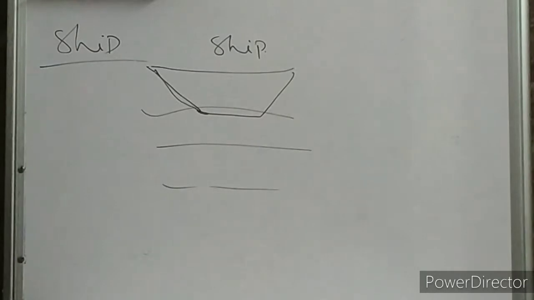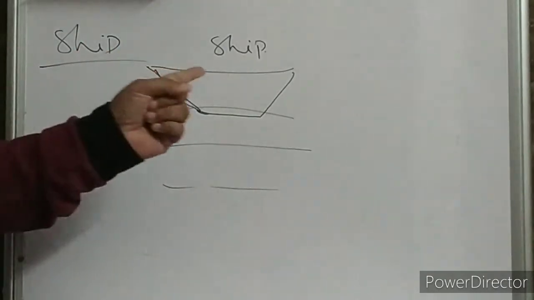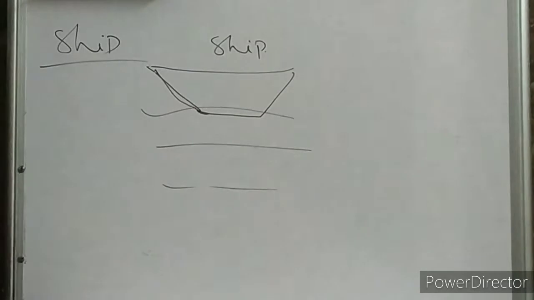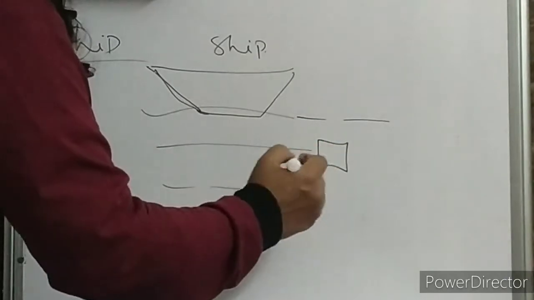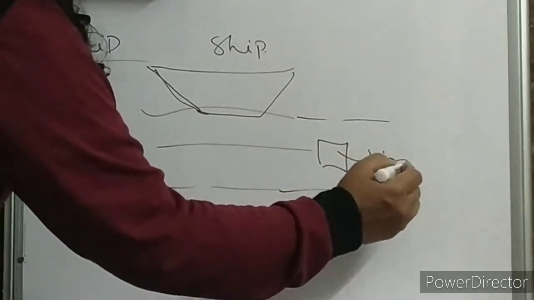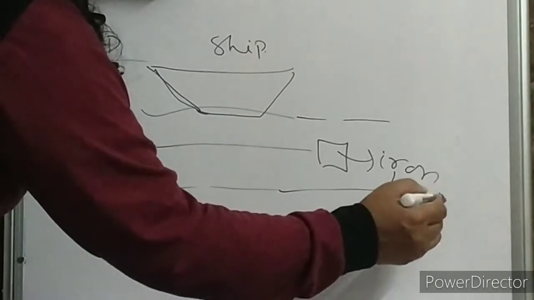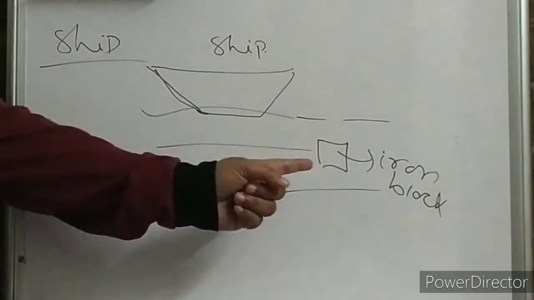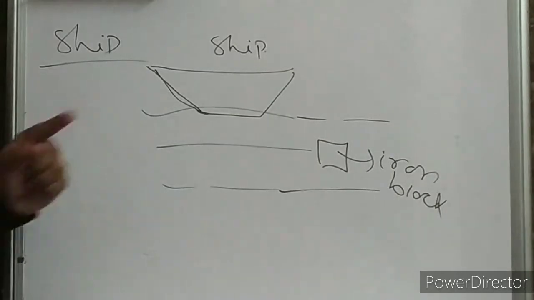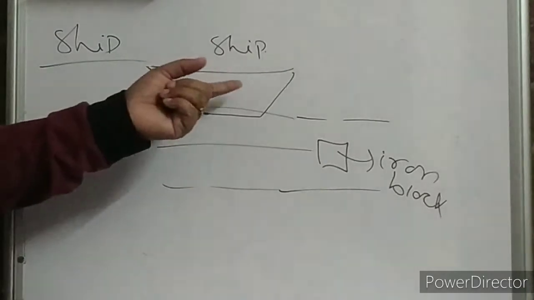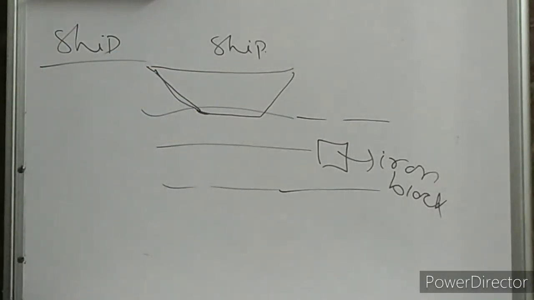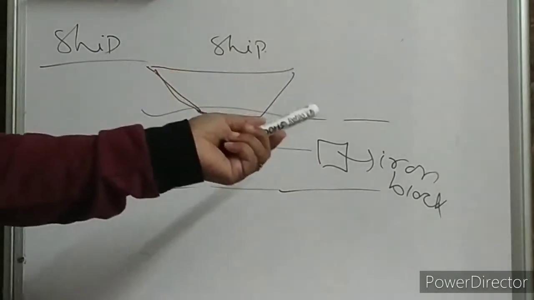And a very surprising or funny thing is that a ship is very heavy, very huge, and this ship floats in water, while if you take a small metal block, say an iron block, and try to immerse it, easily it will sink. This small iron block will sink, but the huge ship is floating.